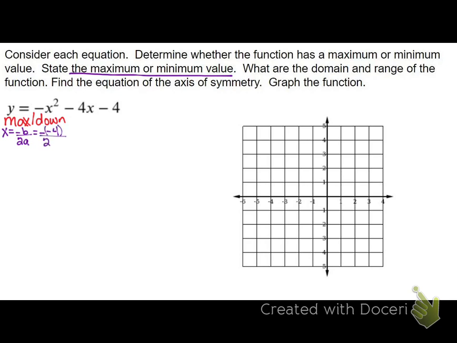And then I have 2. And what do I substitute for my a? Negative 1. Any questions on where these numbers came from? Okay, negative touching negative becomes a positive, and then 2 times negative 1 is negative 2. 4 divided by negative 2 is negative 2. So my x value equals negative 2. So far my x value for my vertex is negative 2.